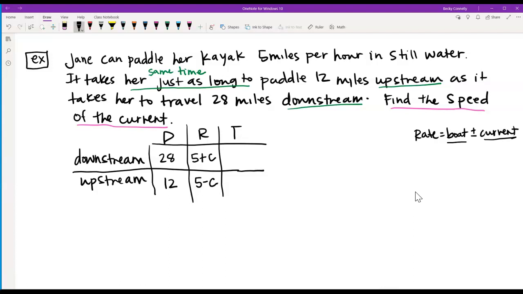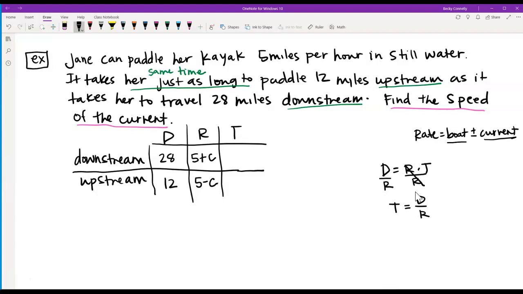But we've got to go back to our formula, distance equals rate times time. If we solve this for time, so try and get t by itself, that means we'd have to divide by r. So we're really saying time is found by taking the distance and dividing it by the rate.